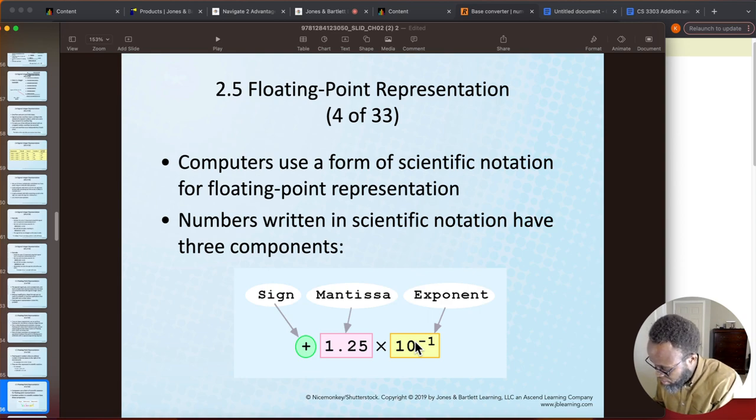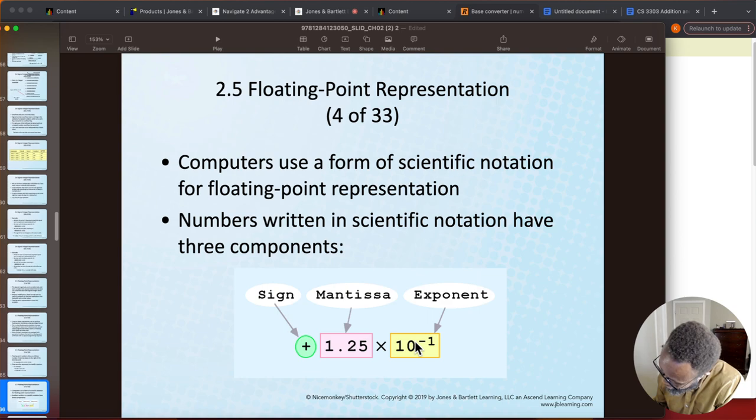So the significand is this. Oh, these books are confusing here. The exponent. Oh, yes, okay. So the significand is the part that holds the mantissa.